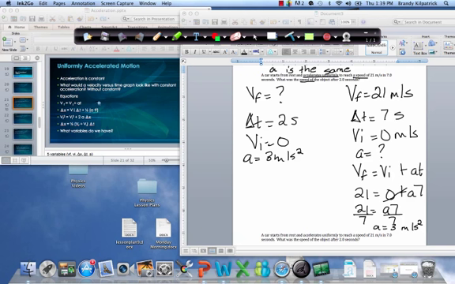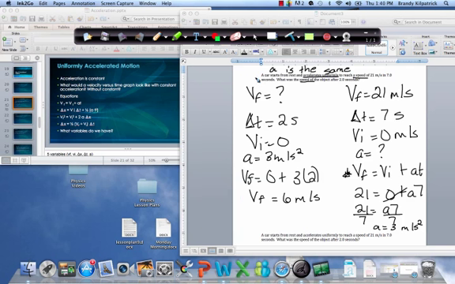Looking at the first equation, I have A, I have T, and I have VI, so I can again use this equation. VF is unknown, VI is 0, acceleration is 3, and delta T is time. So now VF is equal to 0 plus 6, so VF is equal to 6 meters per second.